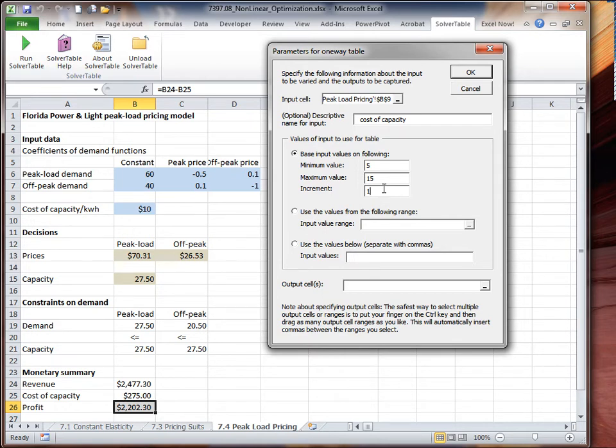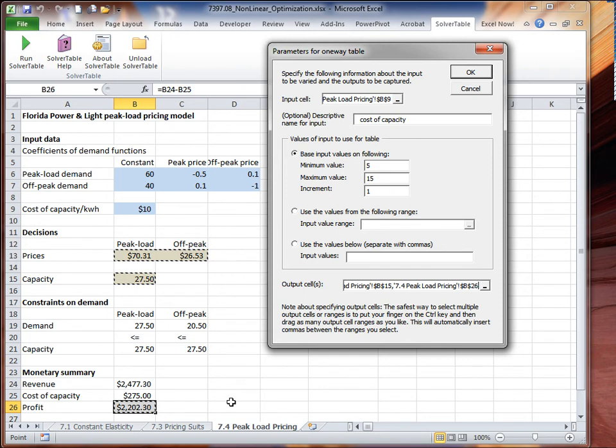So we're going to look at basically 10 different cases here. And what we want to look at is how prices change, how capacity changes, and how profit changes.